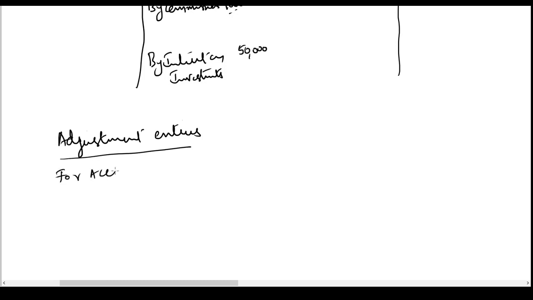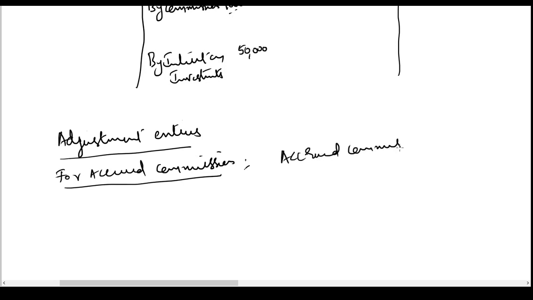For accrued commission, the entry would be accrued commission account debit to commission account, 20,000. So we are going to debit accrued commission and we are going to credit commission.